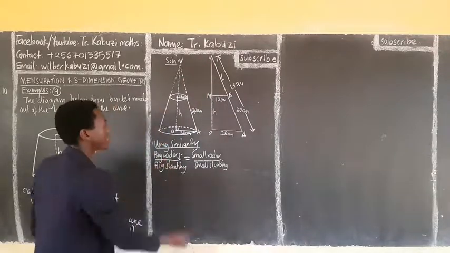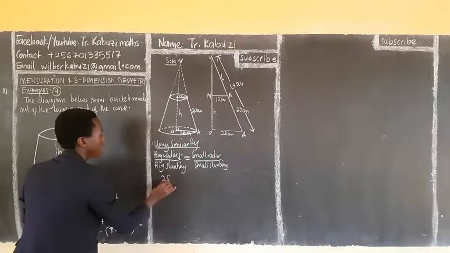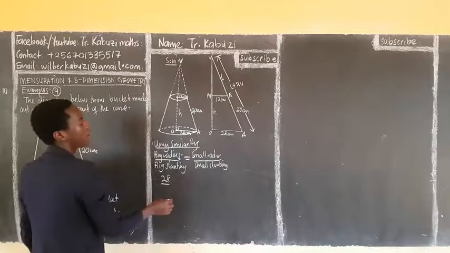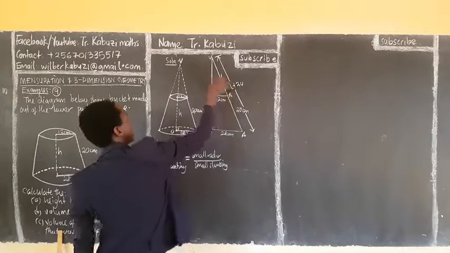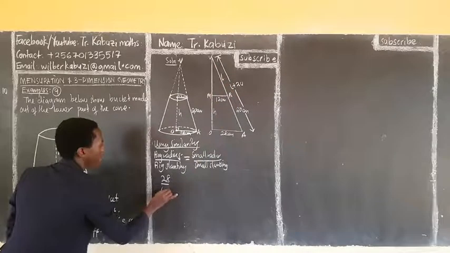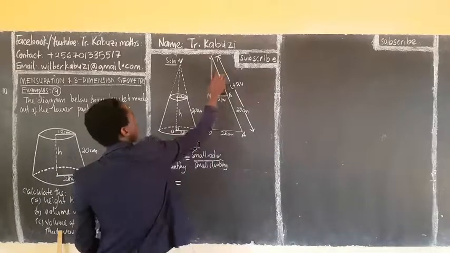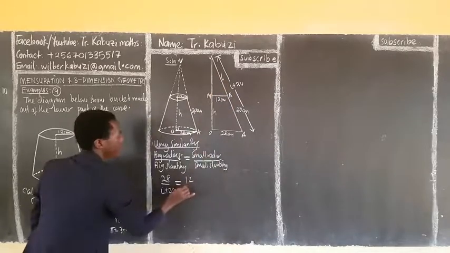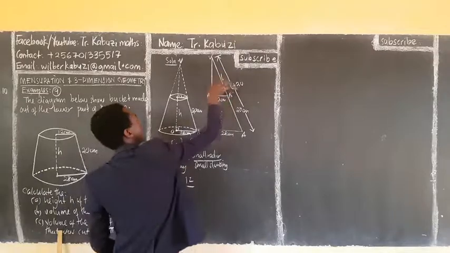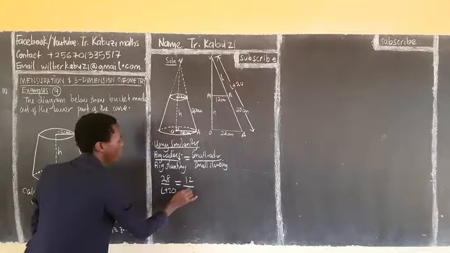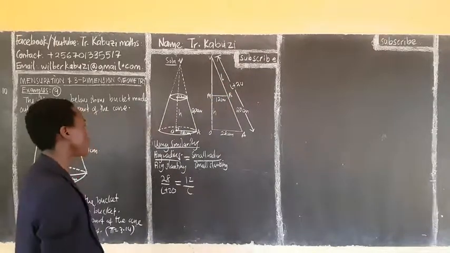Now, my big radius is going to be 28 over my big slanting side, which is L plus 20. It's going to be equal to my small radius for this triangle here, which is 12, over the slanting side of the small triangle, which is L. And that's how we use similarity.